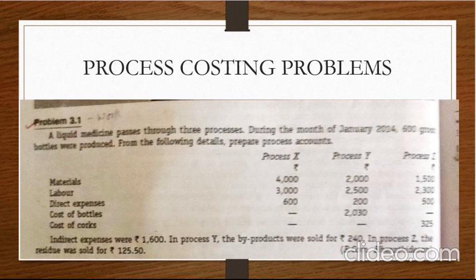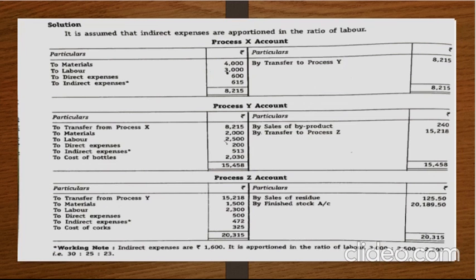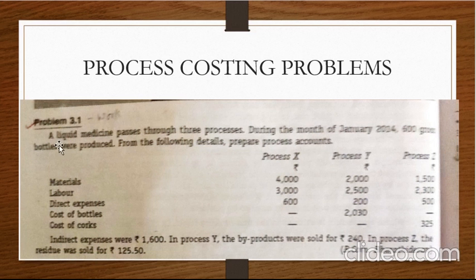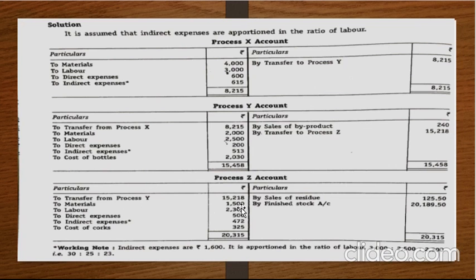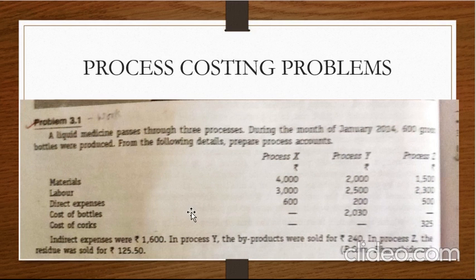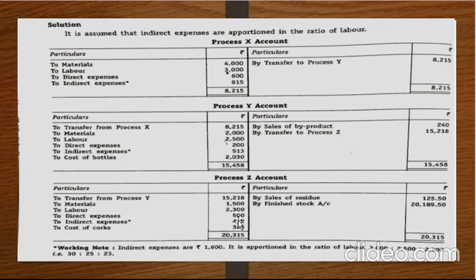If you look into the question, material is how much? 1,500, which is considered here. Material 1,500. Then you have labor. How much is it? 2,300. So labor 2,300. Then you have direct expenses, I'm sorry, direct expenses is 500. So which is recorded here as 500.